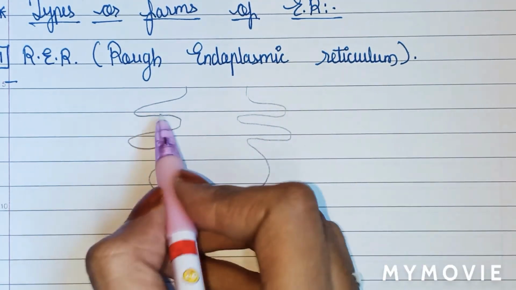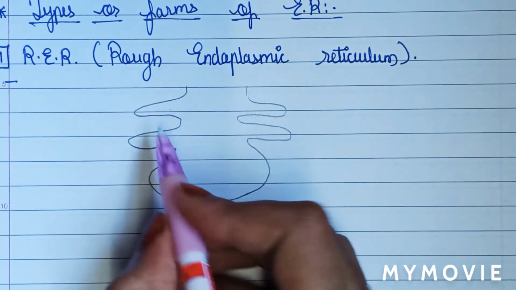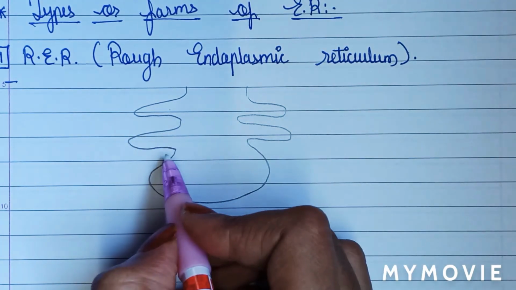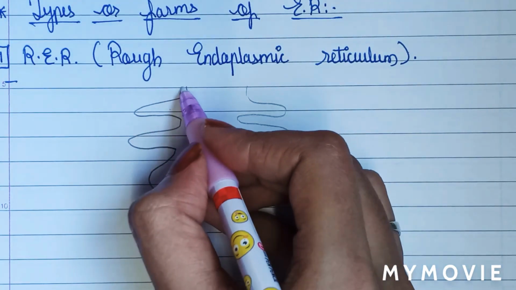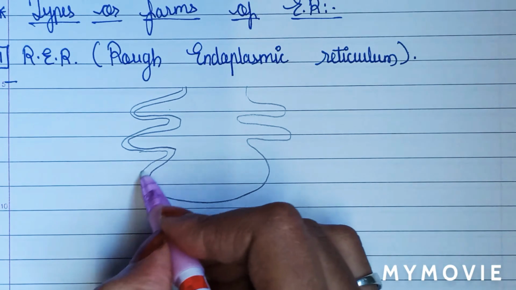Here you can see the cisternal space, the empty space. Here the folds are known as cisternae. Double bounded membrane.